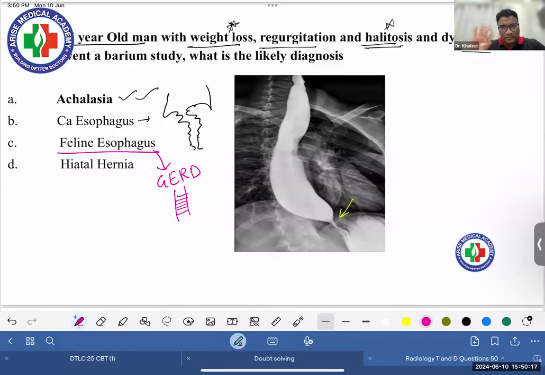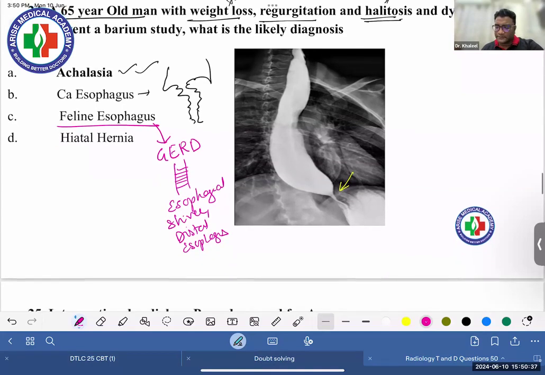There will be circular mucosal folds in the lower esophagus, a transient esophageal shiver, in the distal esophagus. So this is all about feline esophagus. Gastroesophageal reflux disease has feline esophagus.